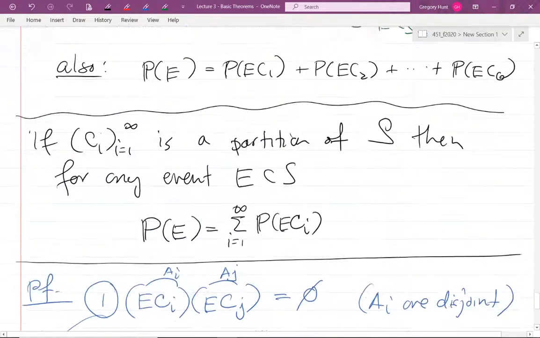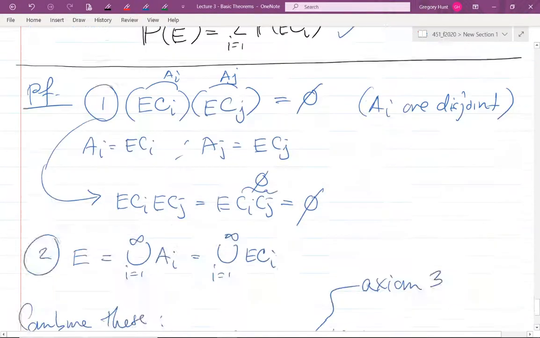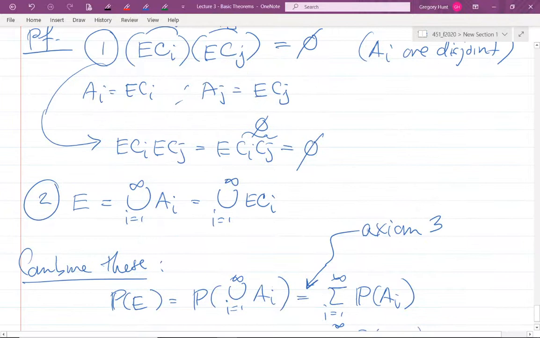And that's the result we wanted, right? That's the result we stated in the theorem. So this is a super useful result, and we will definitely see it in the coming lectures. It shows how we can chunk up events based on partitions, and that's a really useful thing to do.